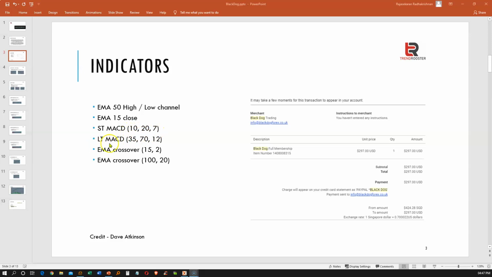LT stands for long-term MACD, with a setting of 35, 70, and 12. Then the EMA crossover. This is just an arrow indicator, not plotting the EMA, just an arrow plotting when the 15 crosses the 50, and then there's another EMA crossover with only the arrow and text, 100 EMA and 20. Okay, so let's go over each indicator and its purpose.